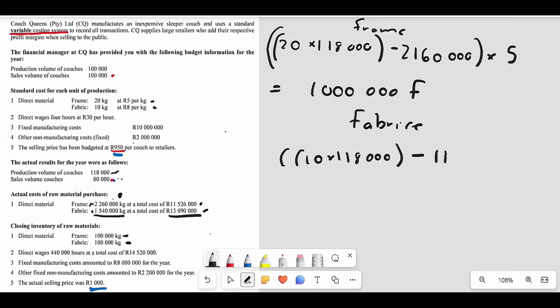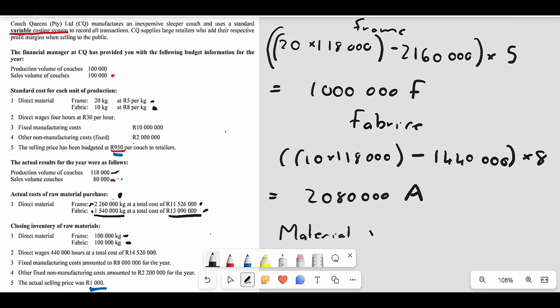Therefore, this would be 144,000, and then this would be multiplied by the budgeted amount of 8 rand per kg. Therefore, it gives us an amount of 208,000, and this amount is adverse as it is negative. So basically, this is how you calculate your material volume variance.